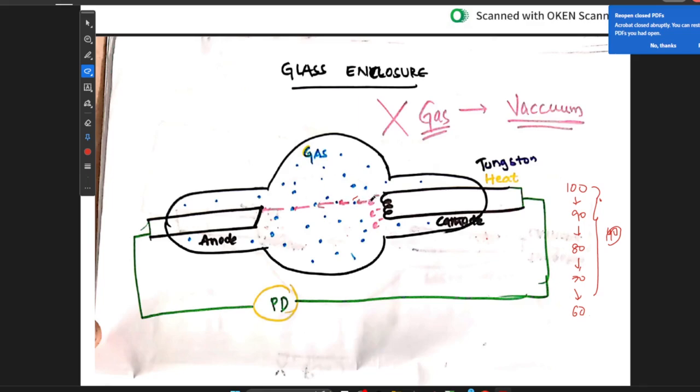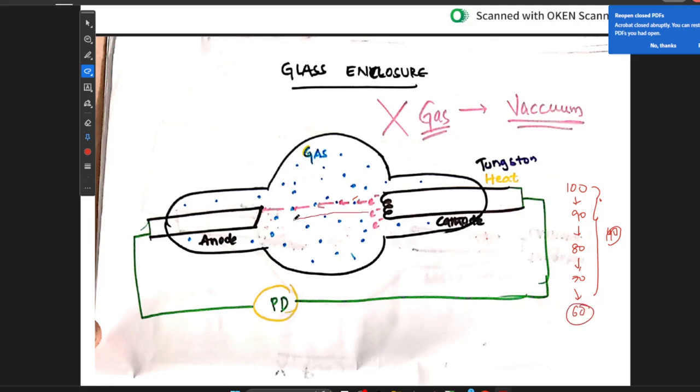When the electrons collide with the gas molecules, because they lose energy, the energy and number of X-rays which are produced will vary. That means if this electron collides with the gas molecules 4 times, it has lost energy 4 times and the energy of X-rays will be 60.